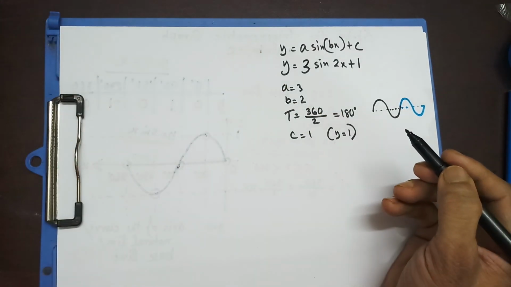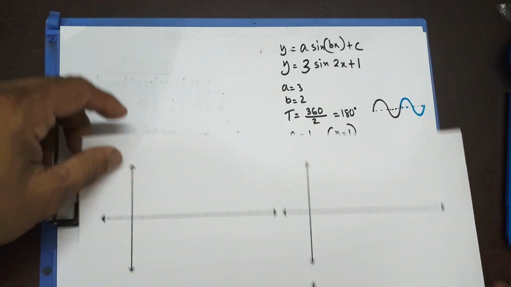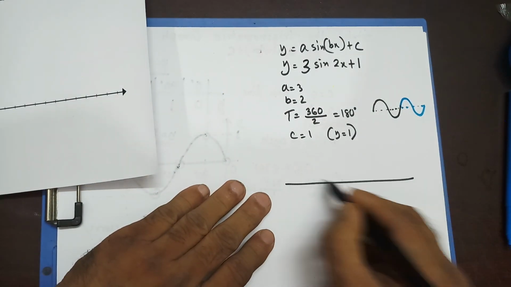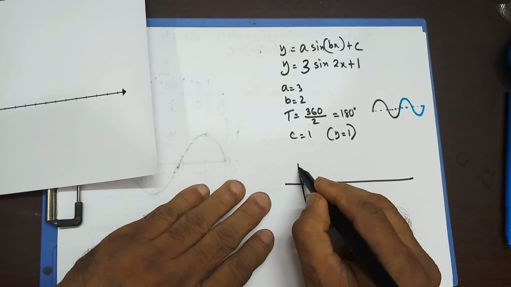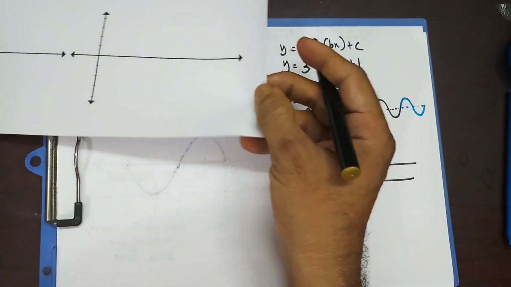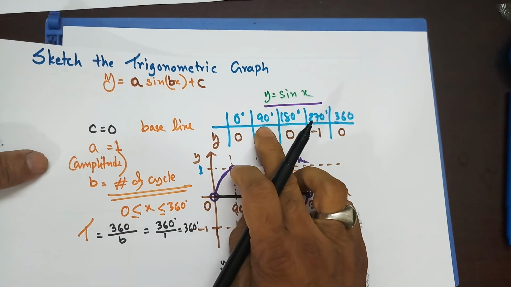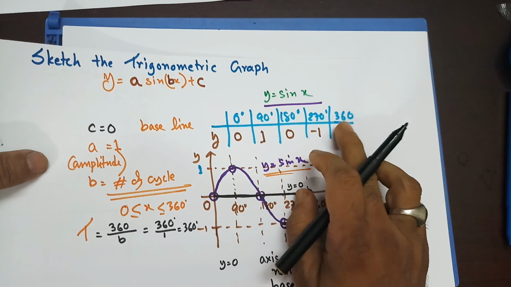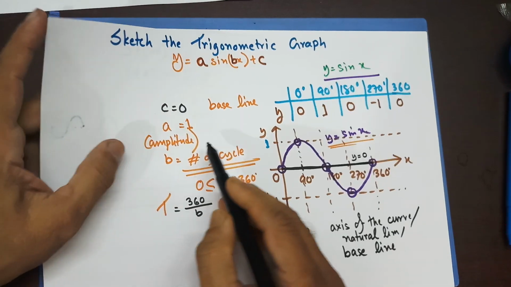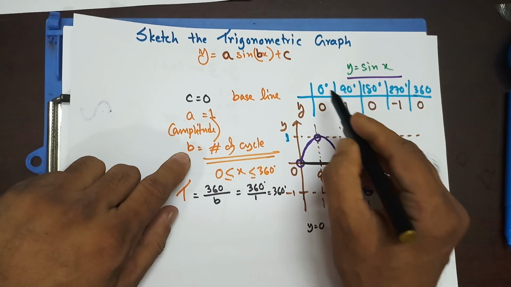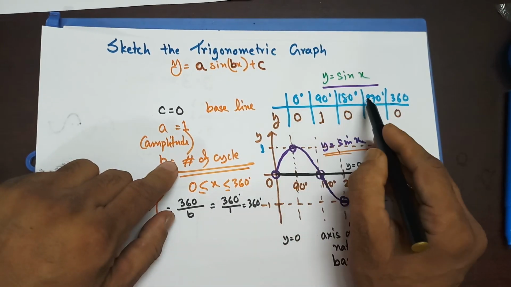Now how can we draw or sketch that? Remember the table I drew for the last one. It had 5 important points: 0, 90, 180, 270, 360. When the number of cycles b was 1, my important values were like this.